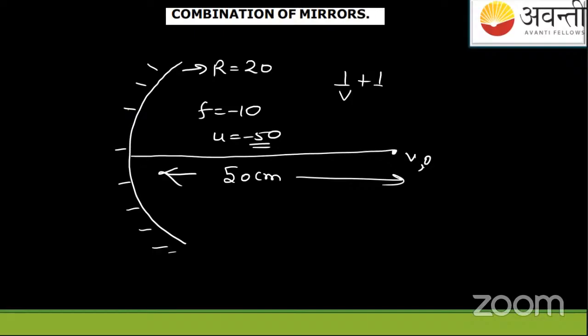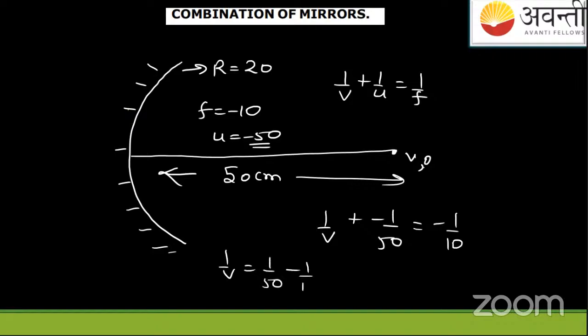Apply this formula again. The final image: 1 by v equals minus 1 by 50 minus 1 by 10. If you solve this, what answer will you get, students?